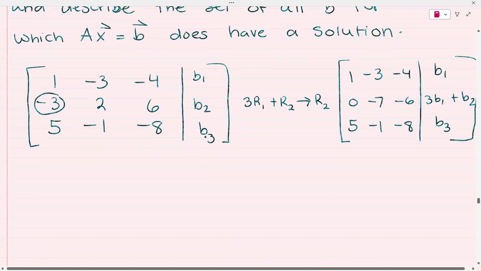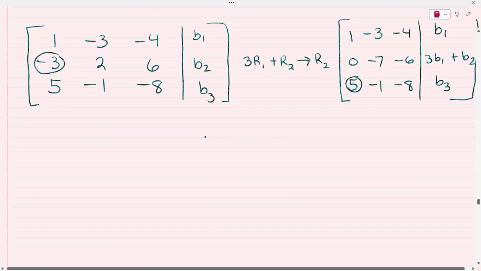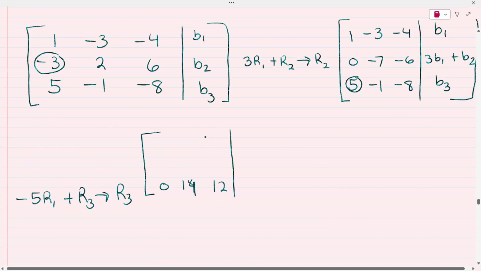Okay, then what I would do is make this 5 into a 0. So how do I do that? It's going to just be -5 times row 1 plus row 3, and that gives us your new row 3. So when you do that, you get 0, 14, 12, and you get -5b1 plus b3.